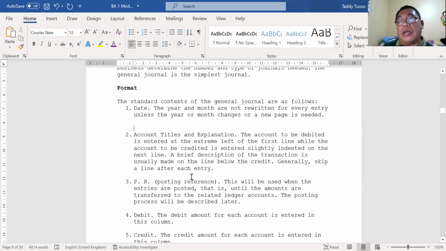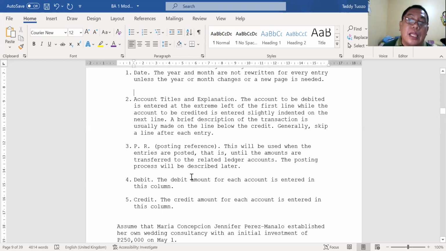Let me go back: if you have a May 1 transaction, after recording the debit and credit entries for the first May 1, there should be a space, a blank line, in your columnar notebook, don't write on it, leave it blank, before you start with another May 1 transaction recording.